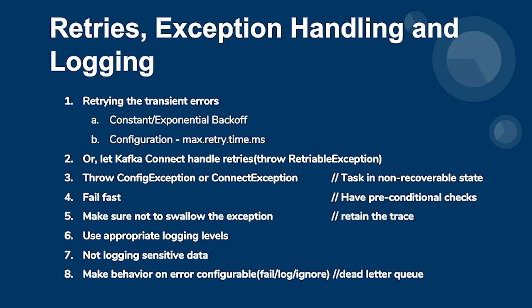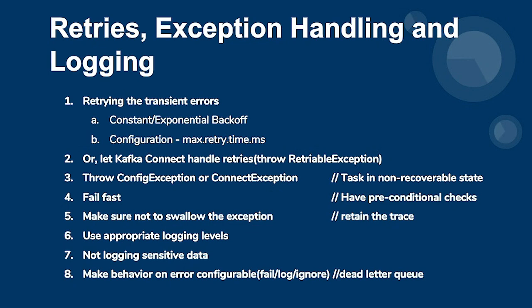An alternative to all of this is to just throw a retriable exception and tell Kafka Connect to handle all the retries. In case of non-transient errors, where we cannot continue processing records and also cannot skip them, we can throw a connect exception with some informative trace that will end up killing the connector task.